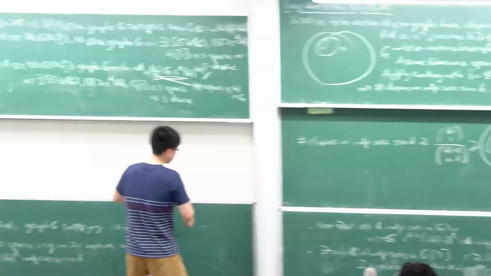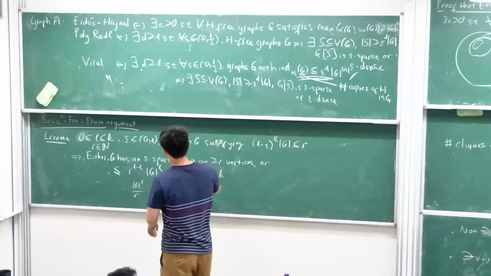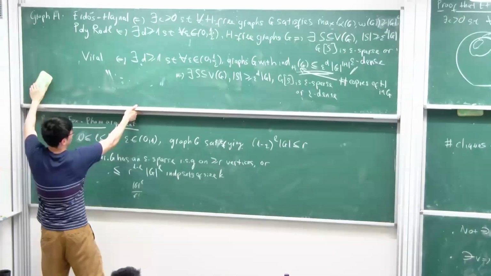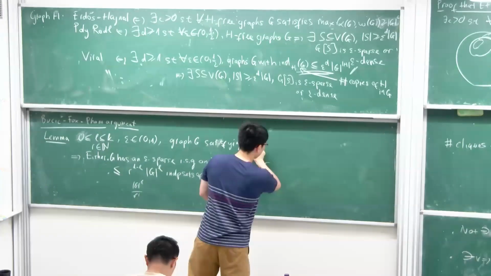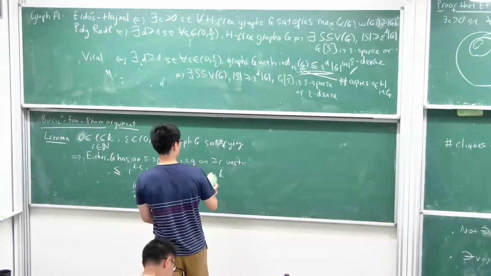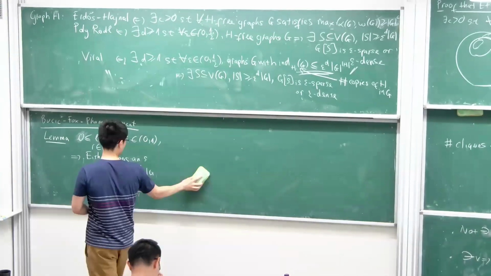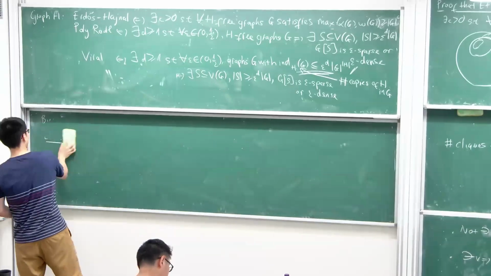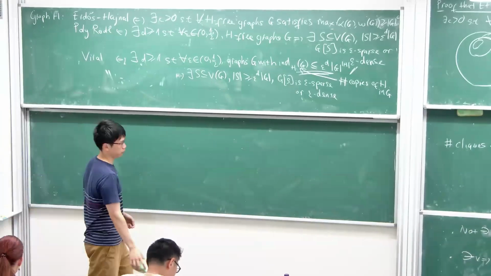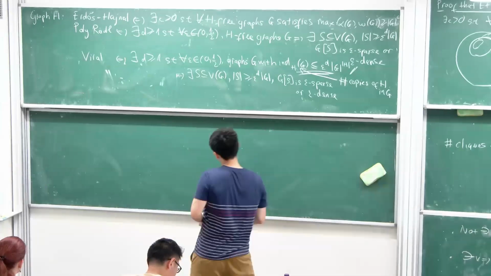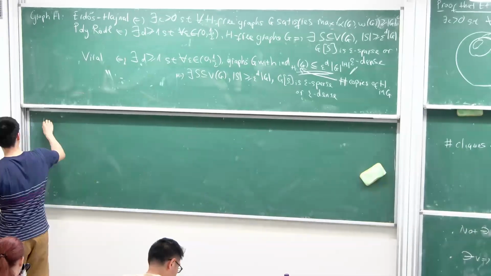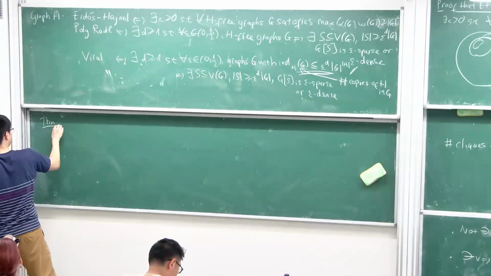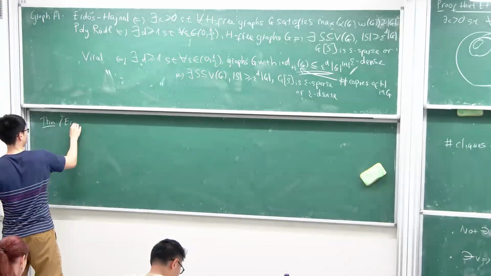In what follows, I'm going to talk about a bound by Erdős and Hajnal that was proved 30 or 40 years ago. Maybe nearly 50 years ago, because it already appeared in the very first paper from 1977 by Erdős and Hajnal.